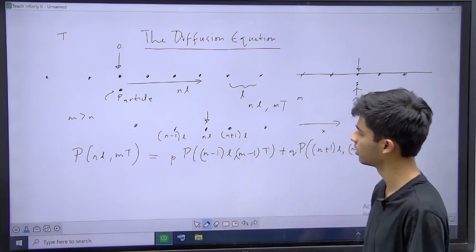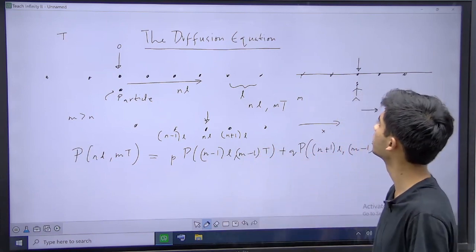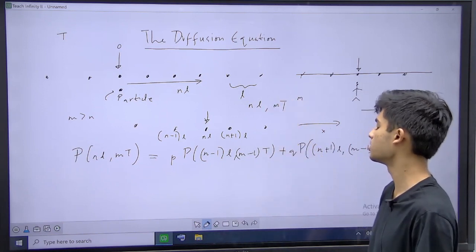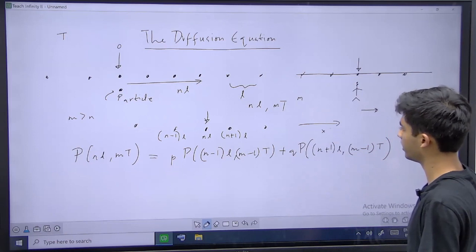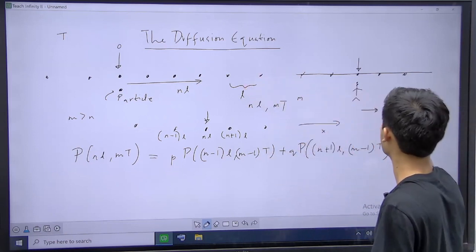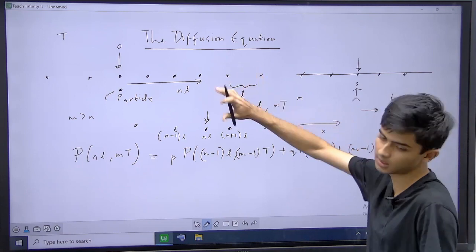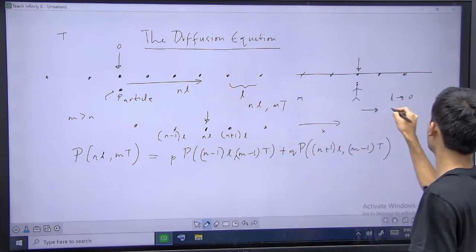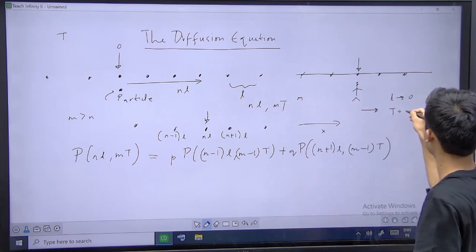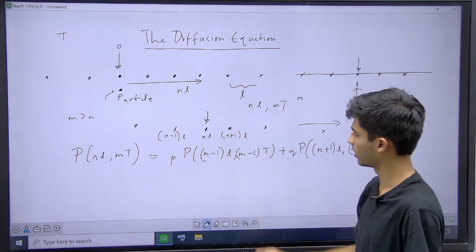Now, as we do in converting the difference equation into a partial differential equation, we will take appropriate limits, and those will involve sending this lattice constant, that L, this step length, to 0. Whatever the characteristic time of taking a step is, I will send that as well to 0, and then we will look at what can be done.